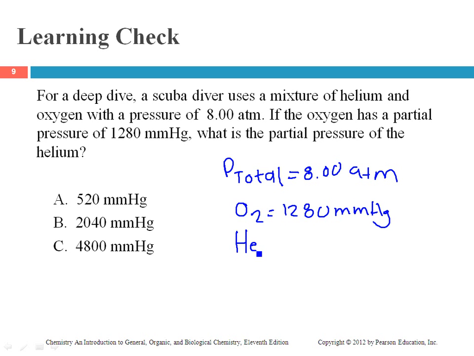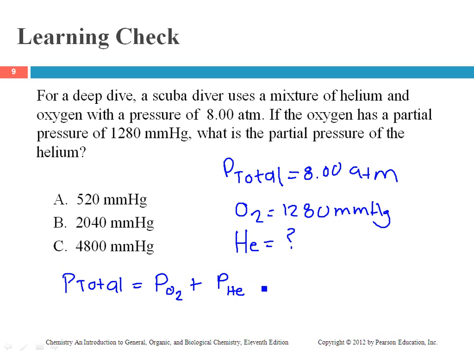So basically, this is just algebra. P total is going to equal the partial pressure of oxygen plus the partial pressure of helium. This time we know P total and we know the partial pressure of oxygen, so we're going to be solving for the partial pressure of helium.